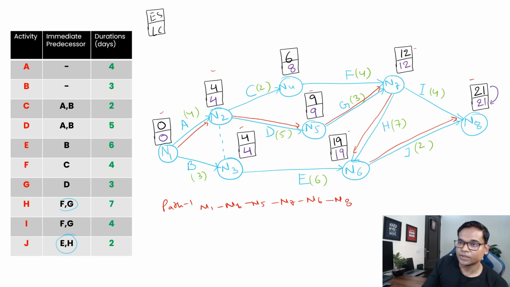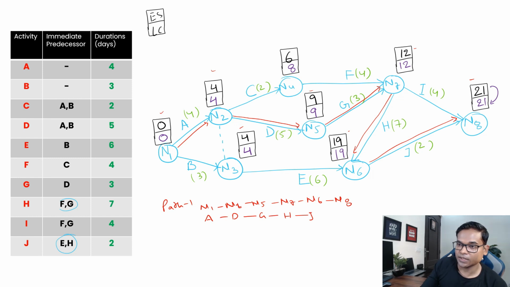Okay, this is your path 1. Now for node 1 to node 8, the activities are basically A to D to G to H to J.